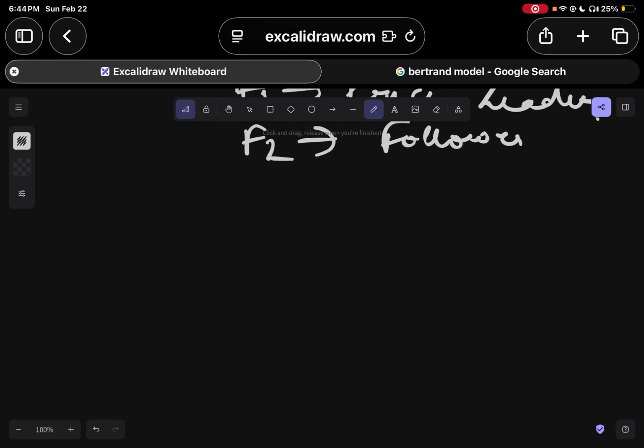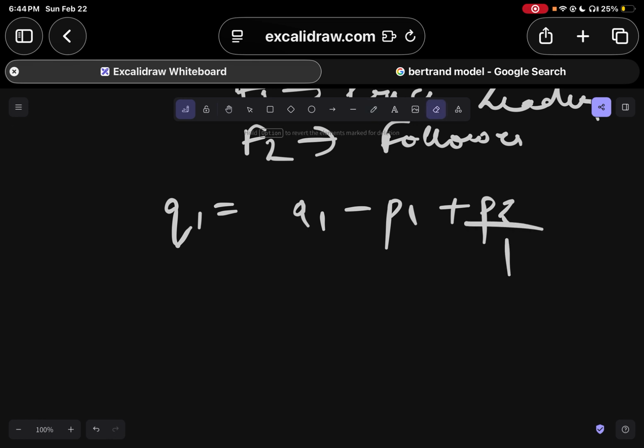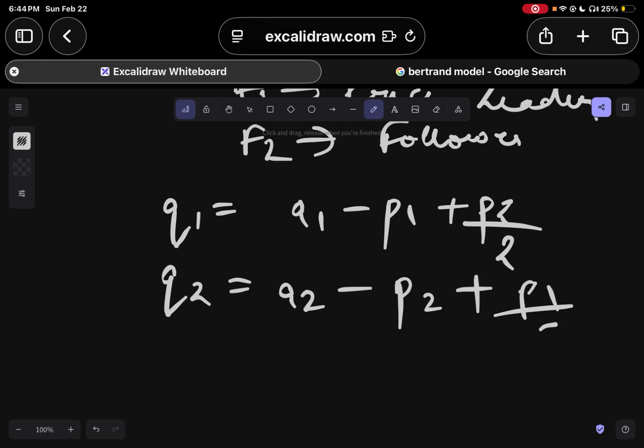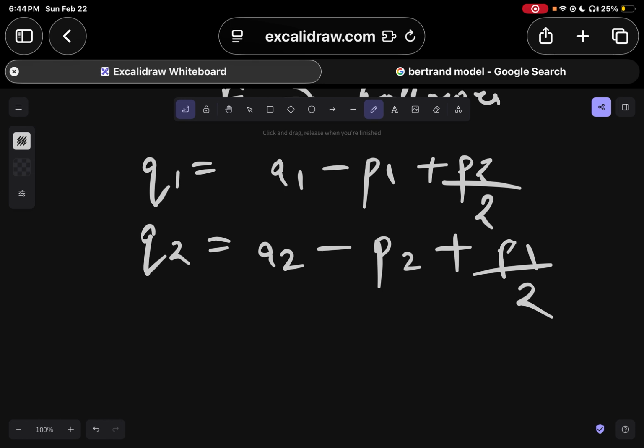Now moving on, we have Q1 equals A1 minus P1 plus P2 upon 2, from the previous one. We know A1 is the attribute, P1 is the price of firm 1 and P2 is the price of firm 2. Q2 is similarly A2 minus P2 plus P1 upon 2. The negative symbol on P1 is because of the inverse relation, and positive on P2 because of the positive relation.